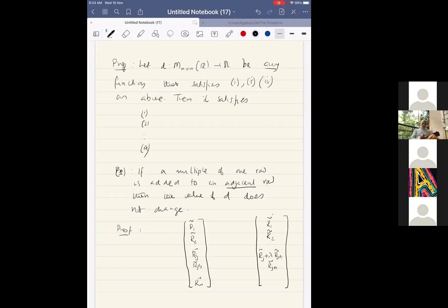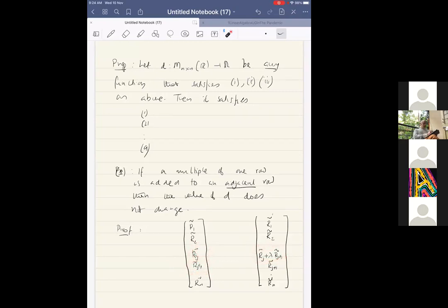So this is what I have done: a multiple of one row is added to an adjacent row. So here I have taken lambda times this row and added it to this row. That is what has happened. So here the difference is on the jth row, because to go from here to here, I've multiplied the j plus 1th row by lambda and added it to this. So that is how I get this.